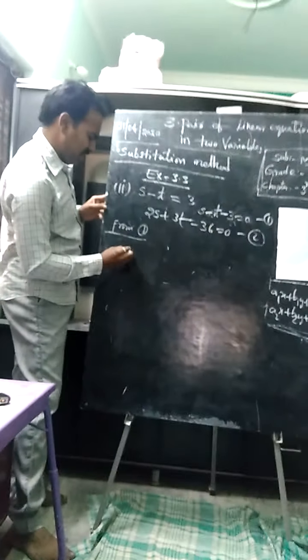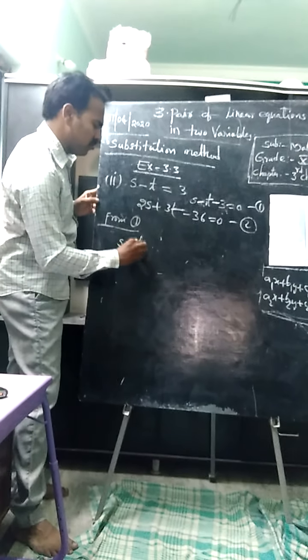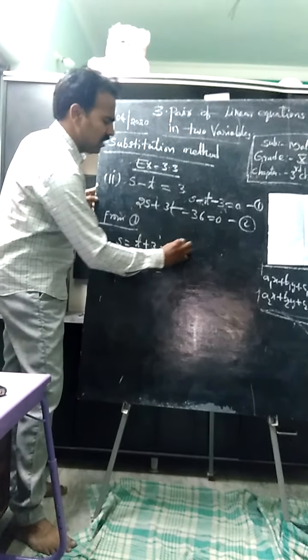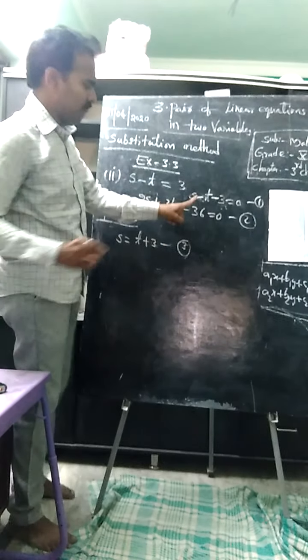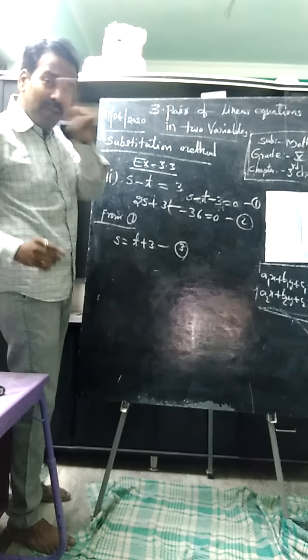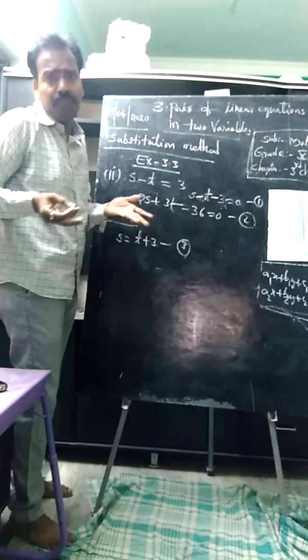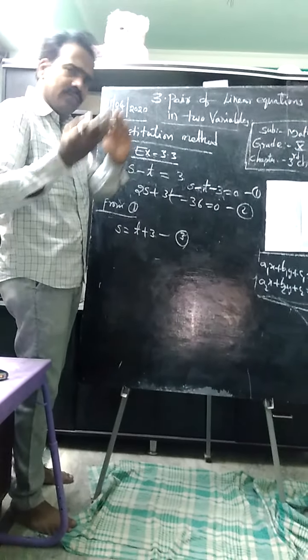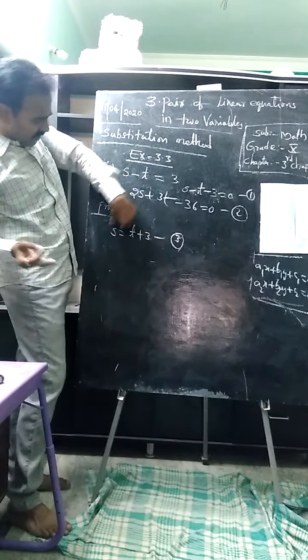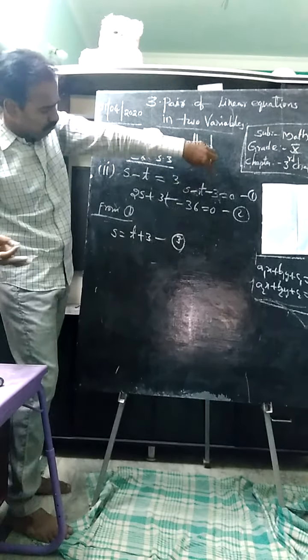So from 1, what can you write, friends? s is equal to t plus 3, equation 3. So from 1, you observe, students, make one variable the subject. Sometimes you may get it in fraction form. No issue. Substitute in that and simplify, you'll get the answer. Yes, we can write minus t changes to plus t plus 3.